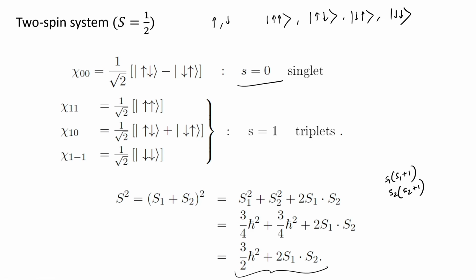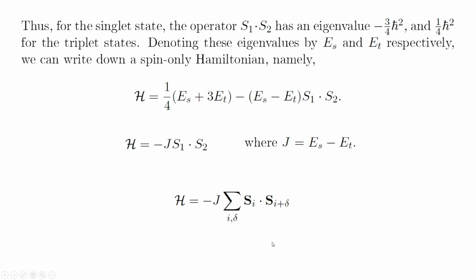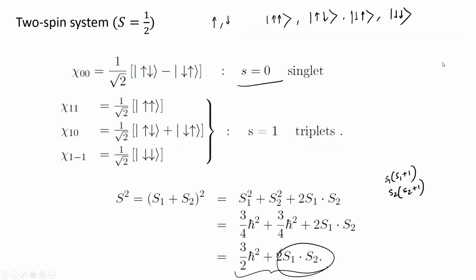If you operate it on its eigenfunction of S squared, you get these as eigenvalues, and of course you get an operator here whose eigenvalue you do not know. This is interesting to us because this operator S1 dot S2 has eigenvalue 3 by 4 h cross squared or 1 by 4 h cross squared, because the total S is equal to either 0 or 1.